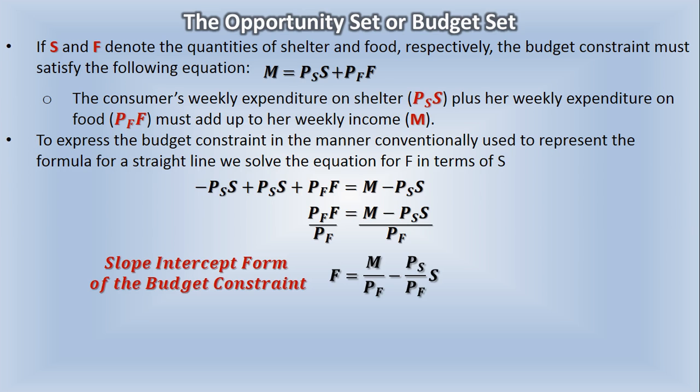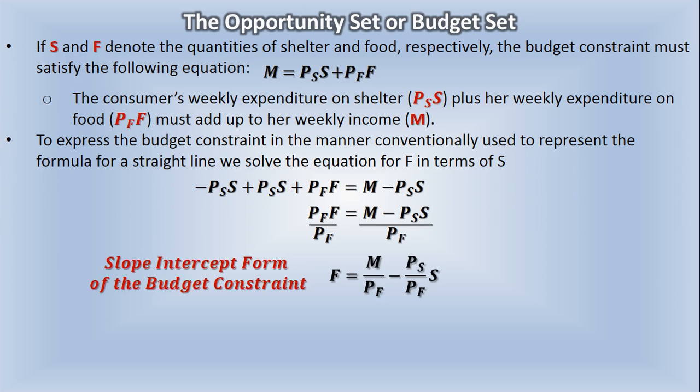We could represent the budget constraint by starting out with this equality between income and the value of everything that's purchased. So the income of the consumer equals the value of all the shelter, the price times the quantity sold, plus the value of all the food, the price times the quantity sold.